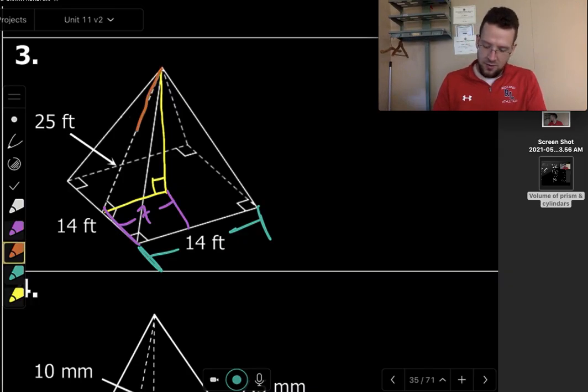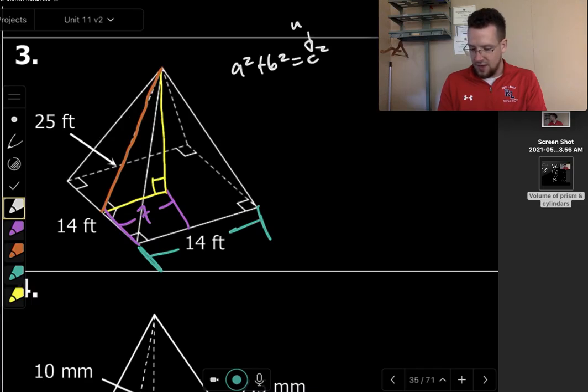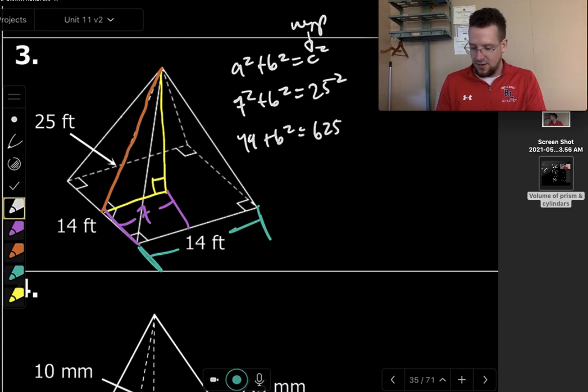We know that this slant height is going to be the hypotenuse of this triangle, and so we're going to use the Pythagorean theorem, where C is the hypotenuse. Let's just dump some numbers in here. 7 squared plus B squared is equal to 25 squared. 49 plus B squared is equal to 625. So we need to subtract 49 from both sides, and then square root that number.